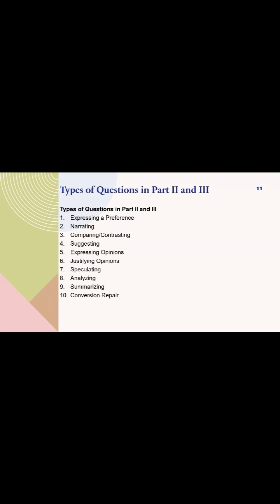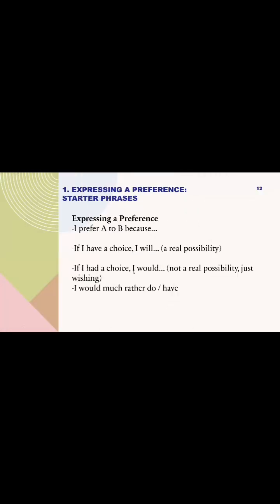I'm going to write them. Yes, I think I have them in this sheet. Expressing opinion, justifying opinion, speculating about the future, analyzing, summarizing, conversation repair. So here you've got preference.